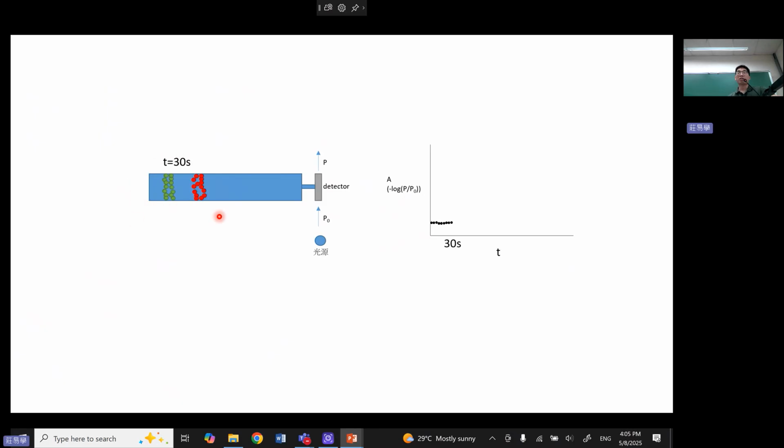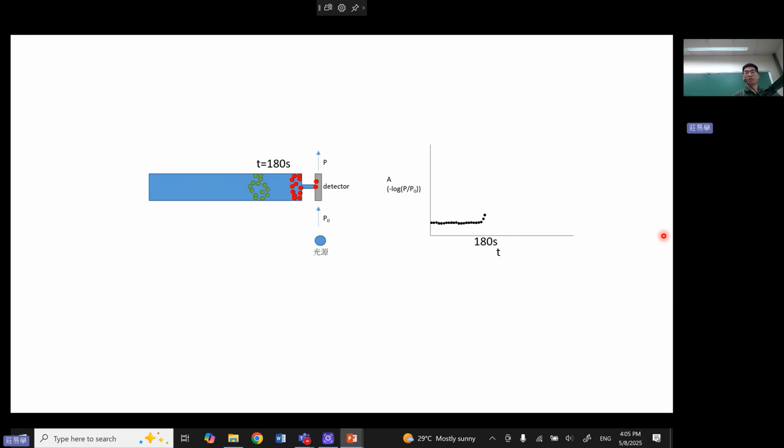Over time, you'll see that the red compound definitely has higher affinity with the mobile phase, or you can say that the red compound has low affinity with the stationary phase. Either way, okay.